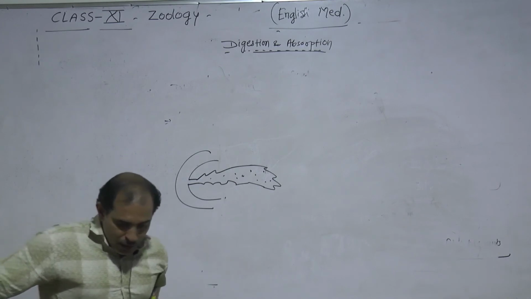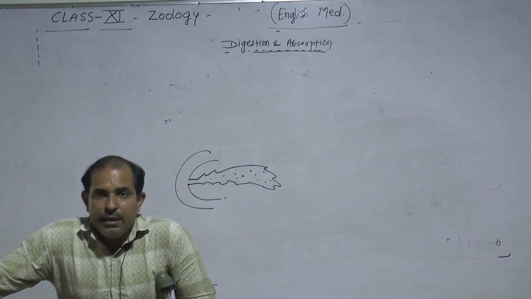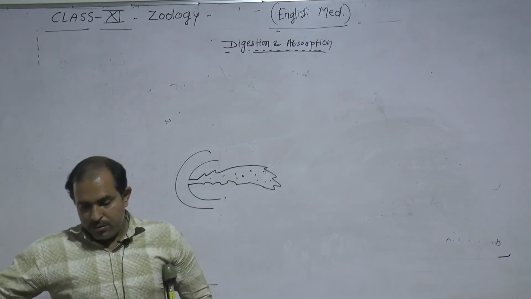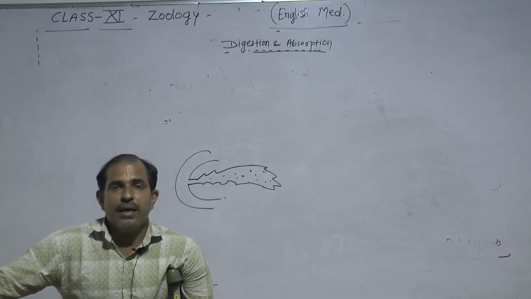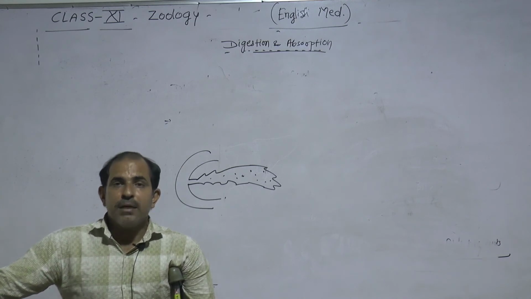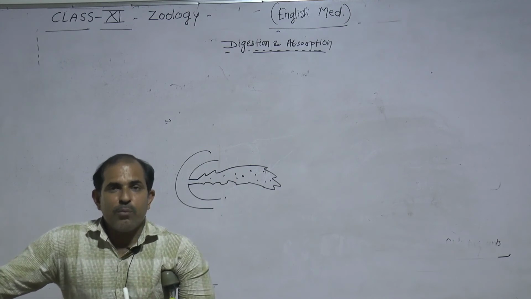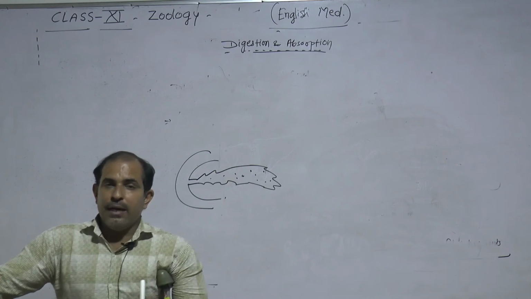It is a yellow colored gland, and the special part of this pancreas is that it is not an exocrine gland, it is a mixed gland. It means it has the properties of both exocrine and endocrine gland.